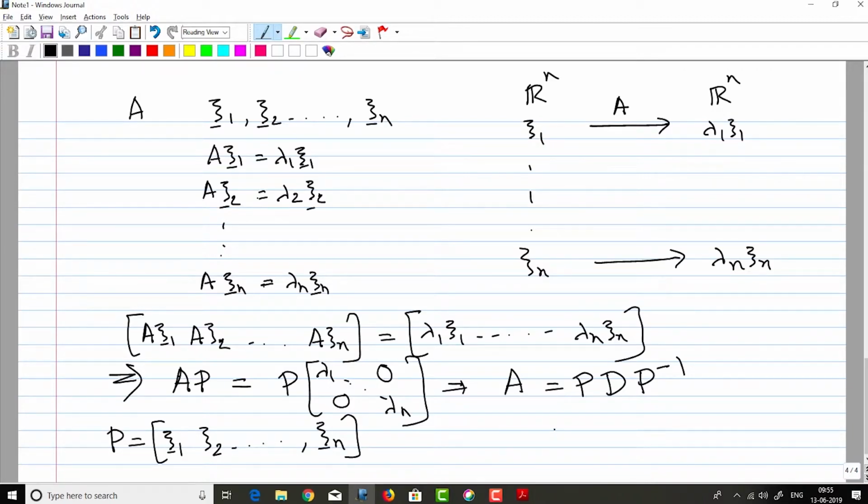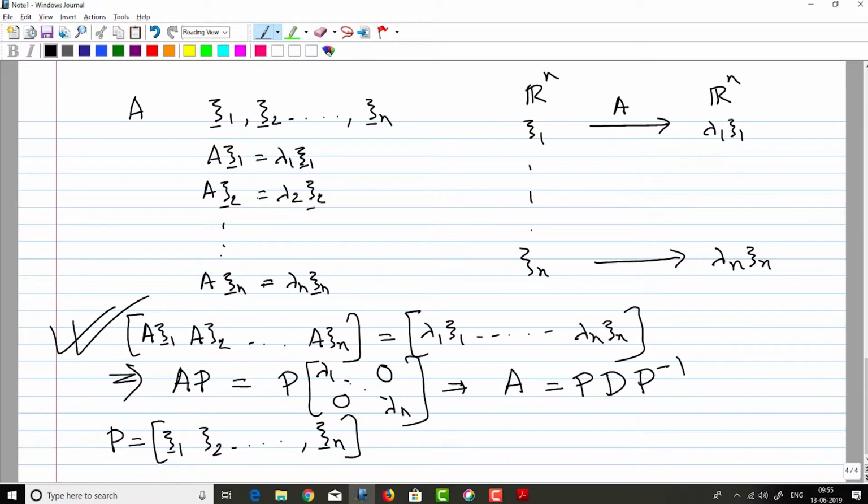For the square matrix, from this observation we can just get the diagonalization of the matrix, right? So what is the key here? How are we able to find it? Because we have this relationship A v1 equal to lambda v1 for all the linearly independent set of vectors and their mapping.